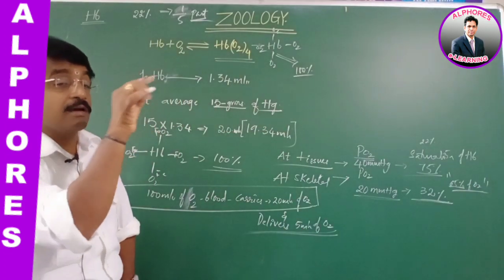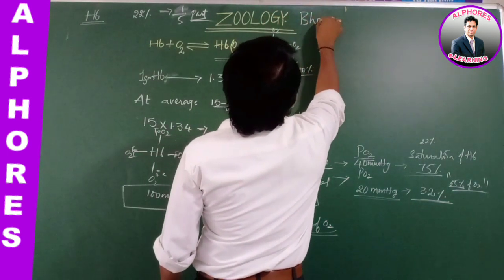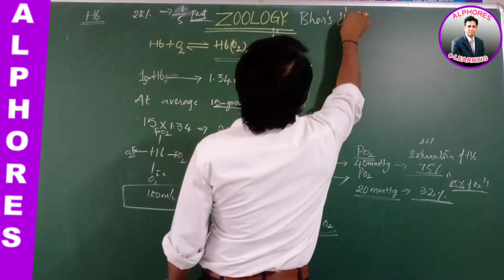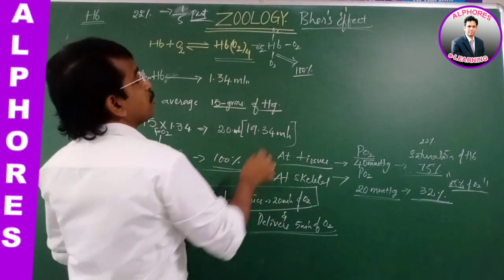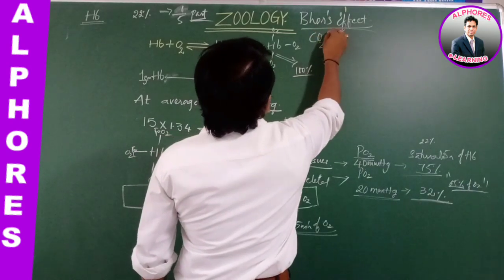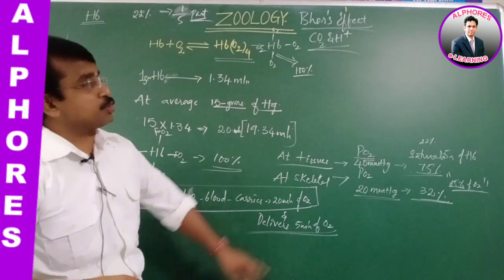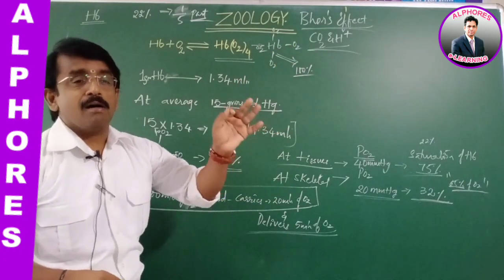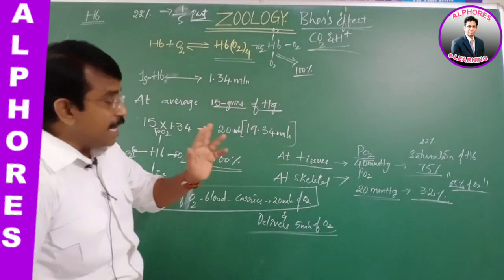Which means, recall your memory, the case of Bohr's effect. We discussed the Bohr effect in the sense of the effect of CO2 and H plus on the oxygen carrying capacity of hemoglobin at tissues.